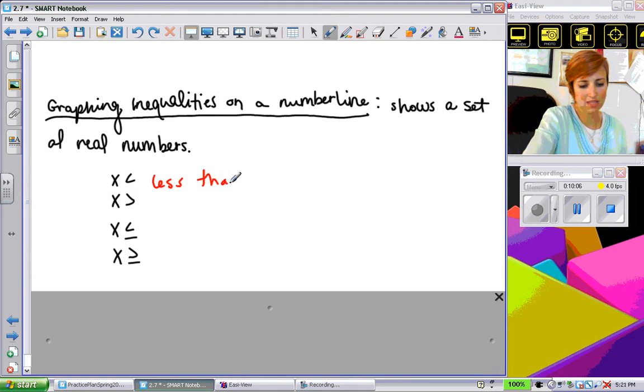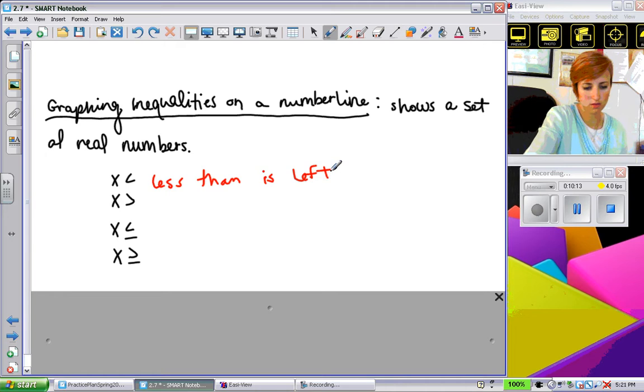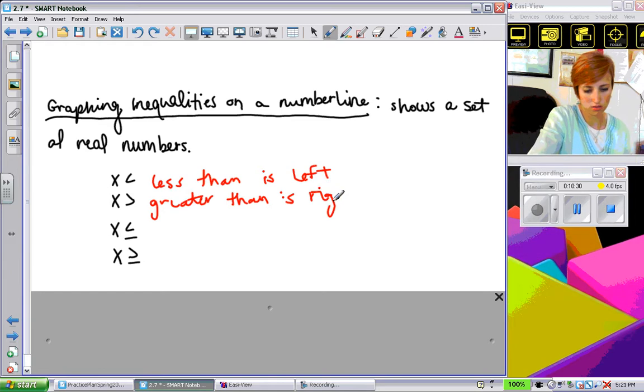And less than is left. Now it's eating the x, so x is bigger, so x is greater than. And greater than is to the right. Our next one has a bar under it, which means equal to, so it's less than or equal to.